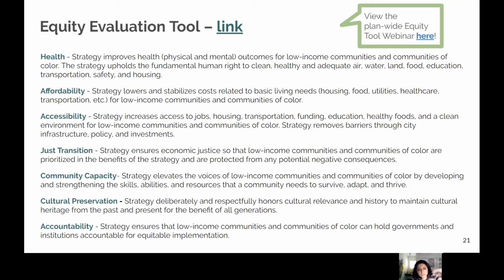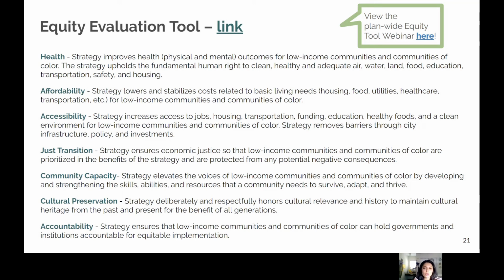So you could read through each theme, and following each theme, there's a set of questions, and each advisory group has different breakout groups, which you'll learn more about in this moment. And as they're developing these strategies, they're going to be screening through each theme with the following questions.